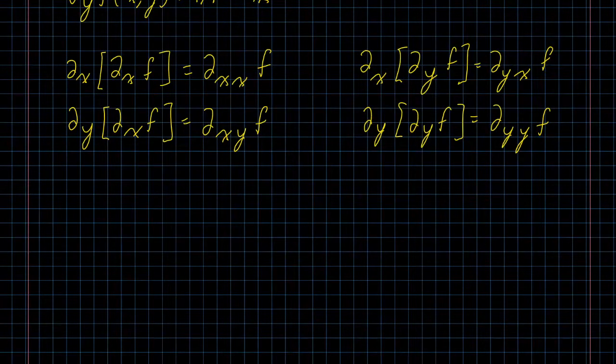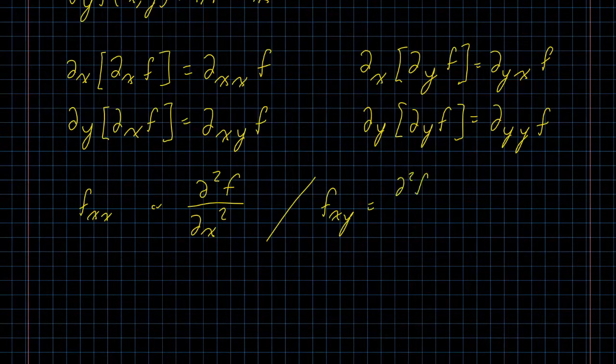Before I get to an example, I'll just mention that we can also write this as f sub xx or partial squared f over partial x squared. And then for the mixed one, we can have f sub xy, which is partial squared f over partial y partial x.